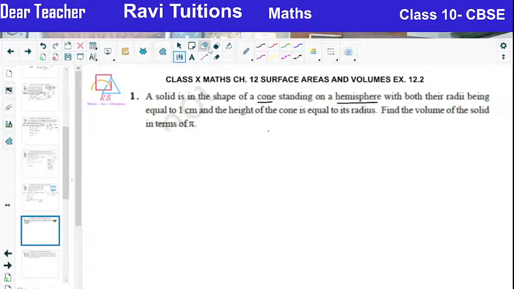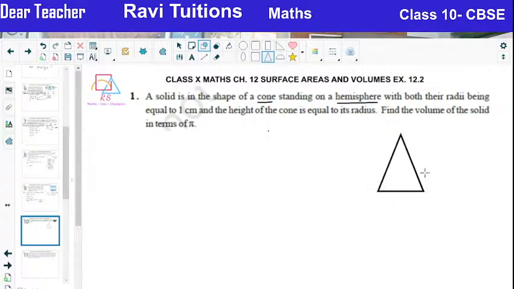First, you understand the question with a diagram. Now I am drawing a cone here. It looks like a triangle, but I am drawing a cone standing on a hemisphere.